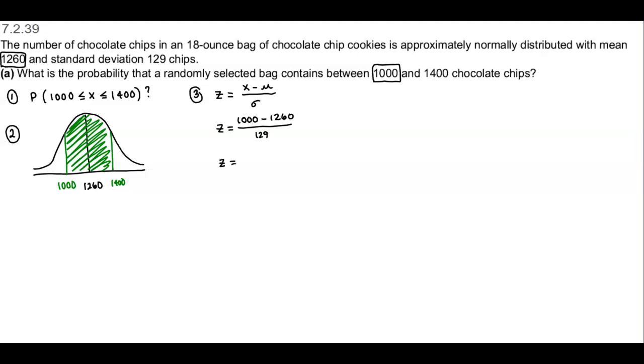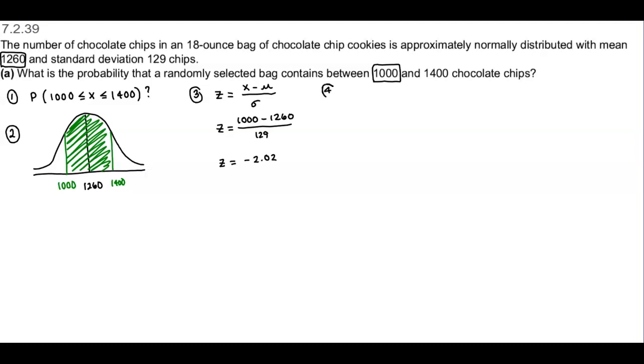So if we take 1,000 minus 1,260 and divide that by 129 and round it, we end up getting a z-score of negative 2.02.